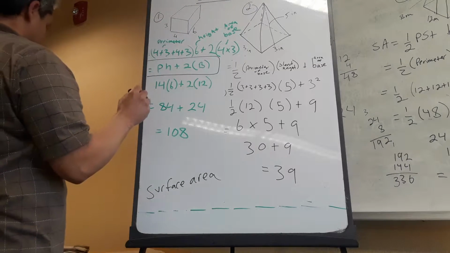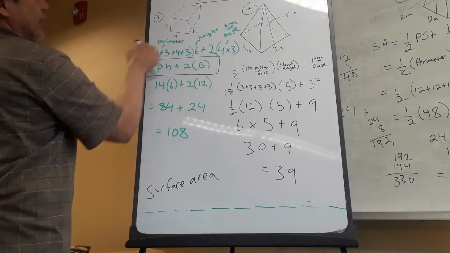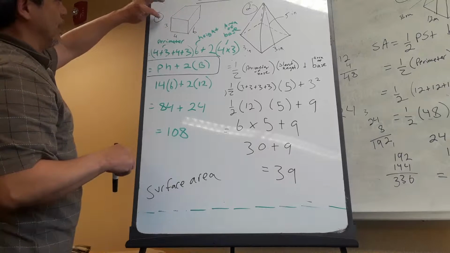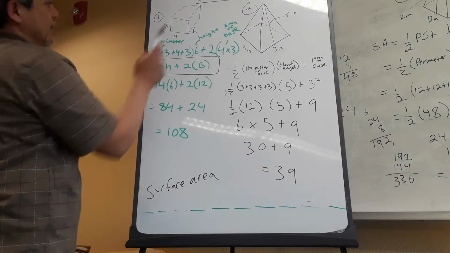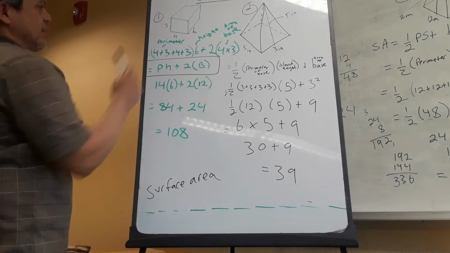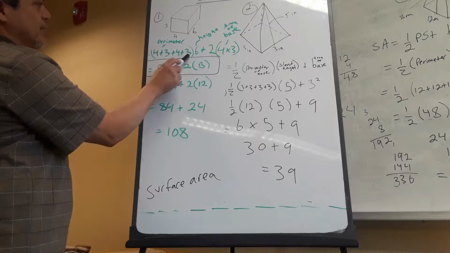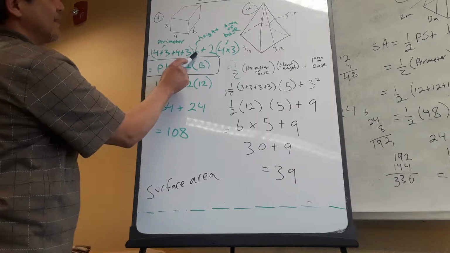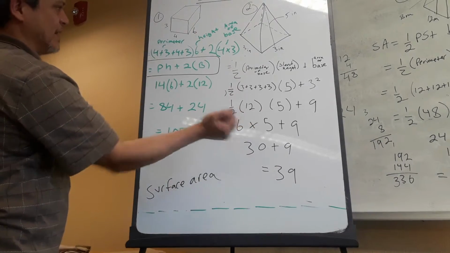So 4 plus 3. You know this side is 3, and you know this side is 4 because this is a square, okay? This has to be 3 because this is 3. This has to be 4 because this is 4. So it's 4 plus 3, 4 plus 3. That gives you your perimeter, okay? 6 is the height, because it's on its side.